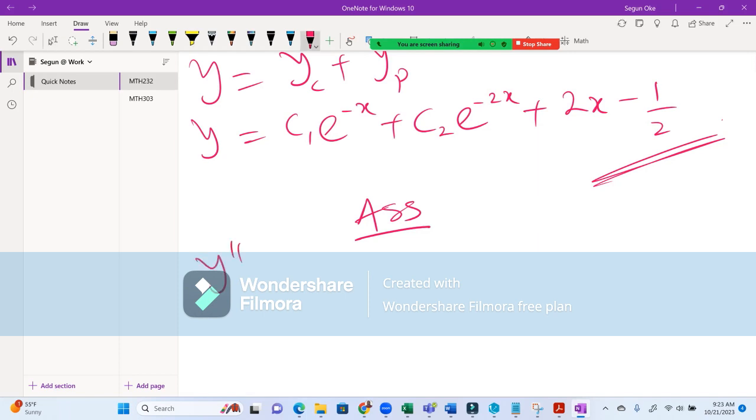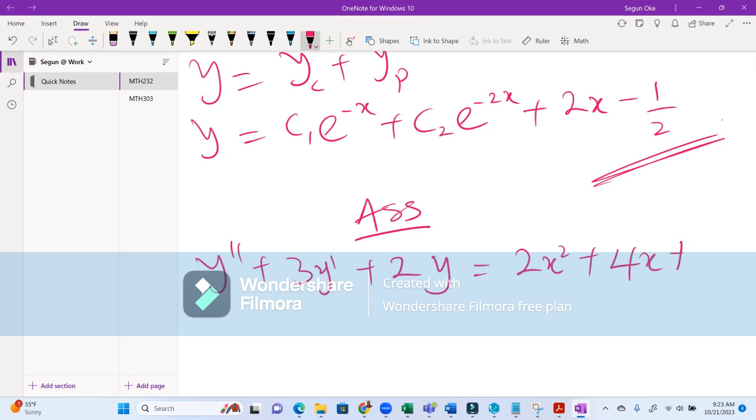So y prime prime plus 3y prime, the same yc rather, equals to 2x squared plus 4x plus 5. Now, what is the nature of this equation? Quadratic. Linear. Oh, is it linear? It's quadratic equation, because it's raised to power 2. Your g of x is quadratic.